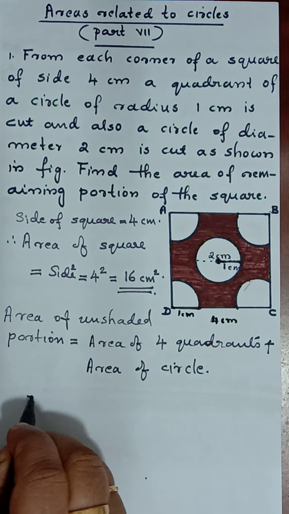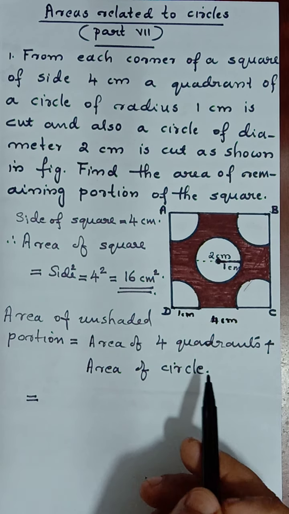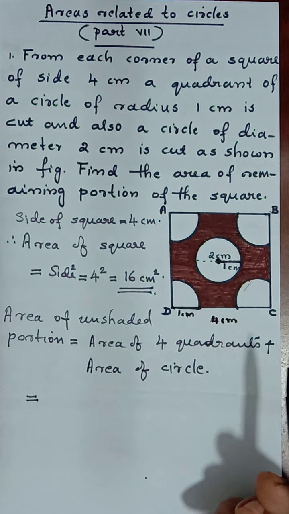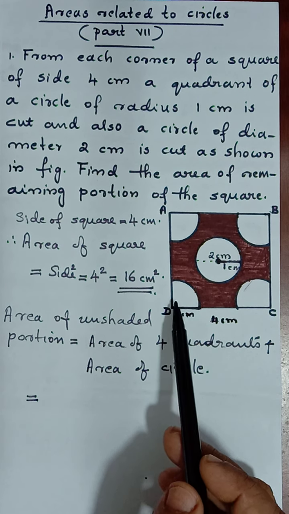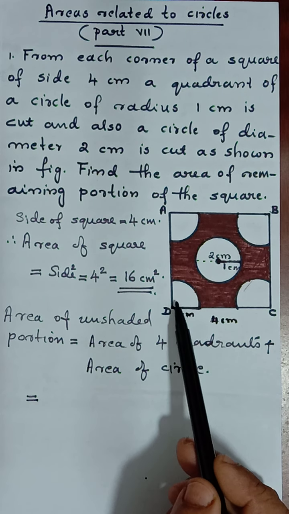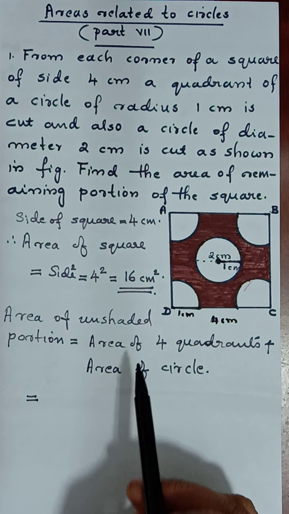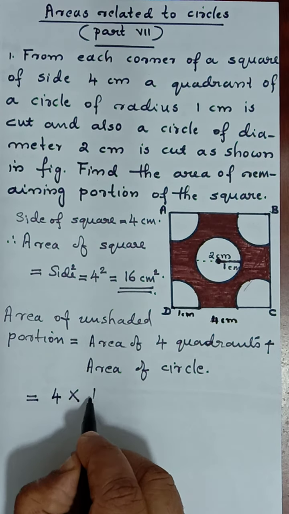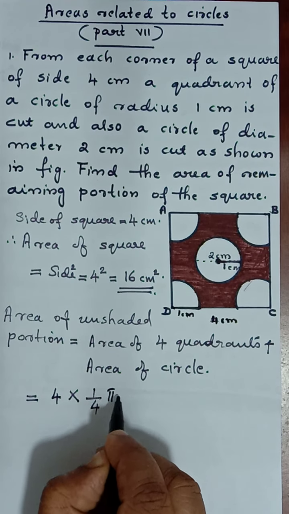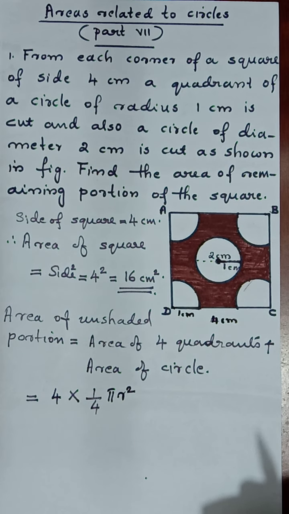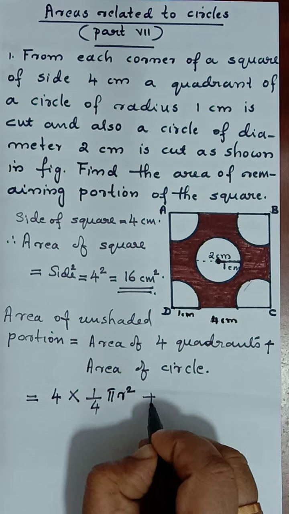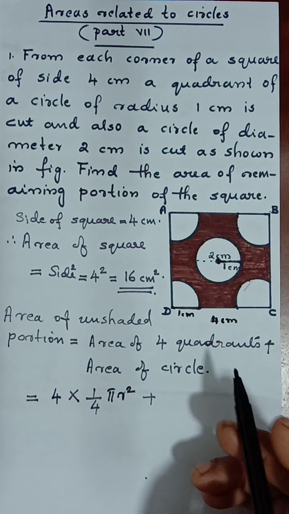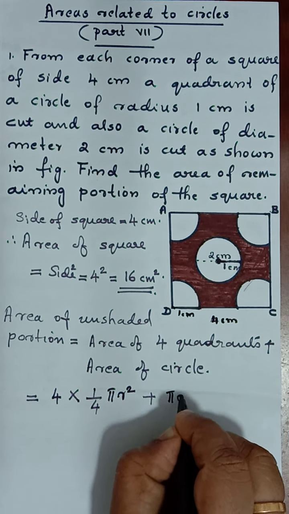So what is the area of the quadrant formula? It is 1/4 of pi r square. Pi r square is the area of the circle. Here a quadrant is only 1/4 of it, but we have 4 quadrants. So 4 into 1/4 of the area of the circle, that is the quadrant area, plus the area of the circle we have to find out, that is pi r square.